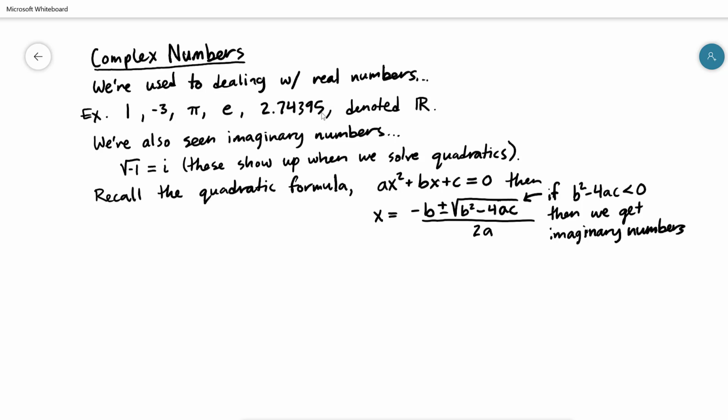So this is the idea. An imaginary number is just anything where we're trying to take the square root of a negative number. The result of the quadratic formula is actually what we call a complex number. Complex numbers have both real and imaginary parts.